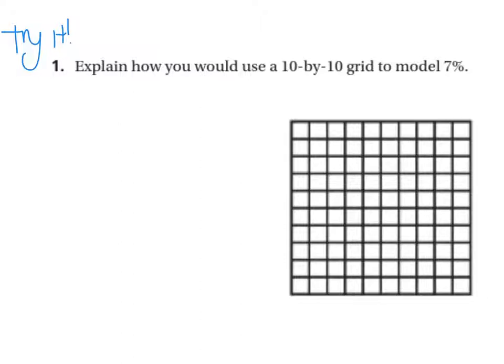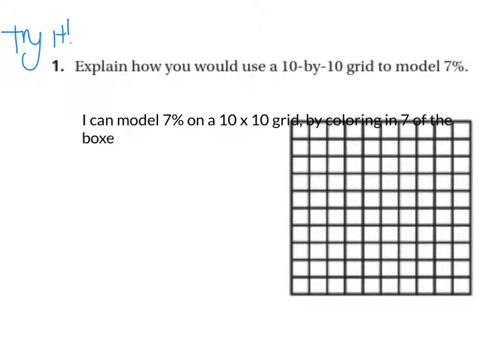So your answer might be something like mine. I would say I can model 7% on a 10 by 10 grid by coloring in, or shading if you want it to sound fancy, 7 of the boxes, which represents 7 out of 100.